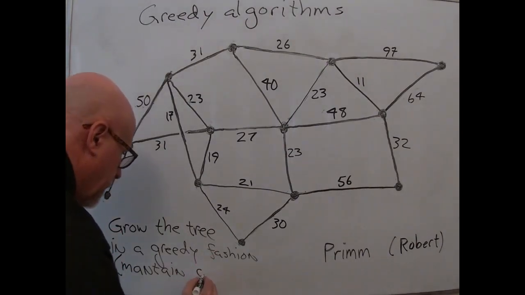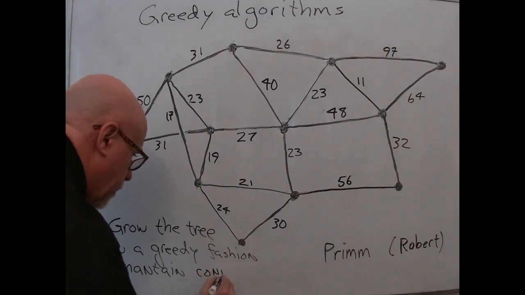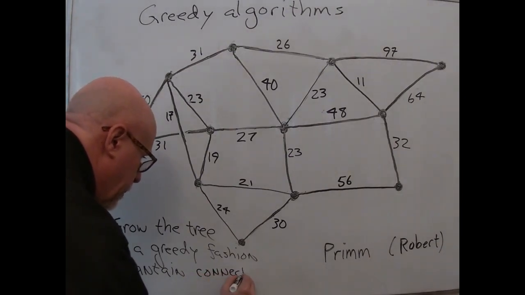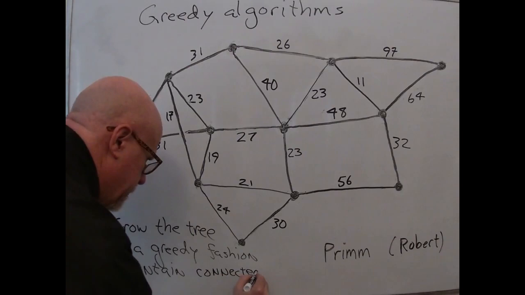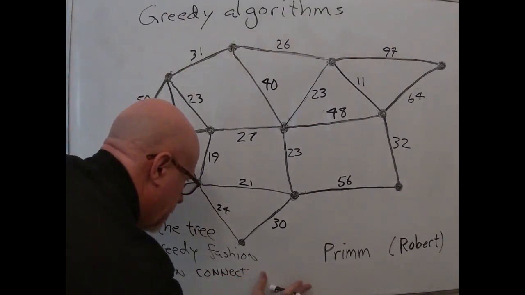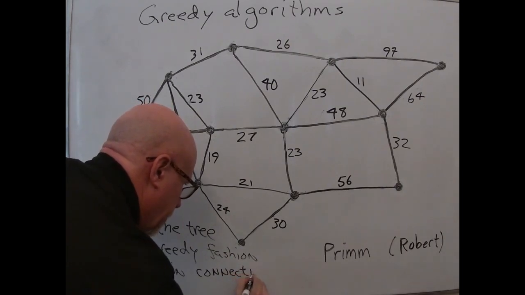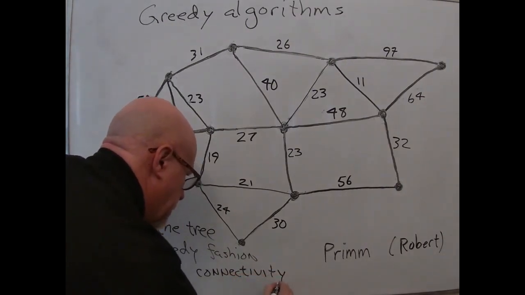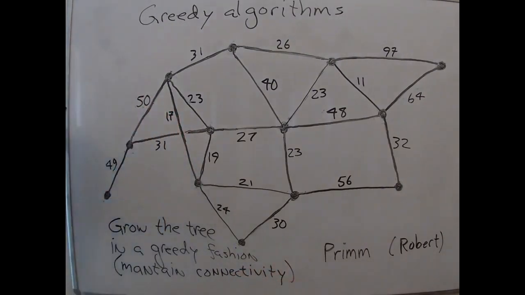But in Prim's algorithm, you keep the graph that you're building connected. Right, so you'll have a graph that stays connected and it's going to grow out.